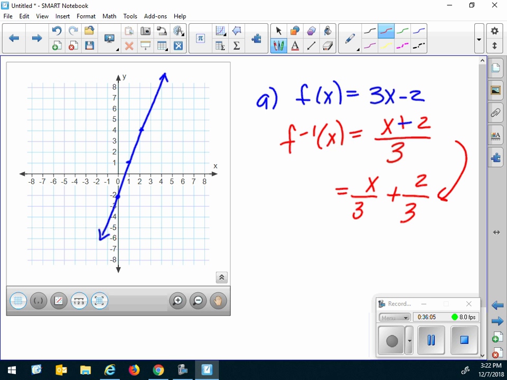These are the same. What's the number that's multiplied by that x right there? So the slope is 1/3. What's the y-intercept? 2/3. The slope of 1/3 means up 1 and right 3. Again, that's all you can do, okay?